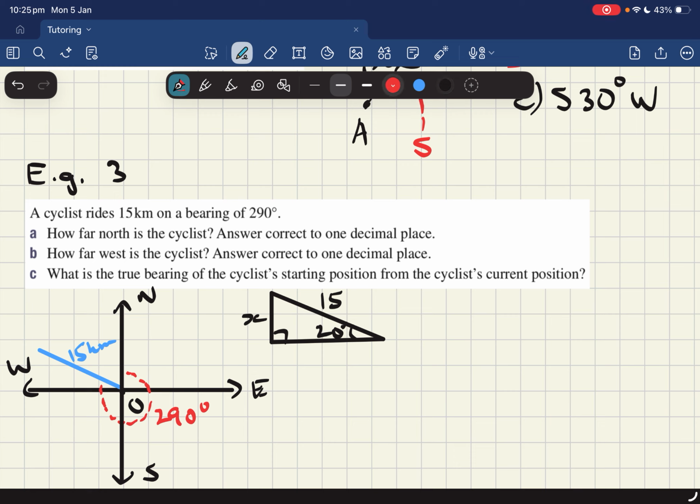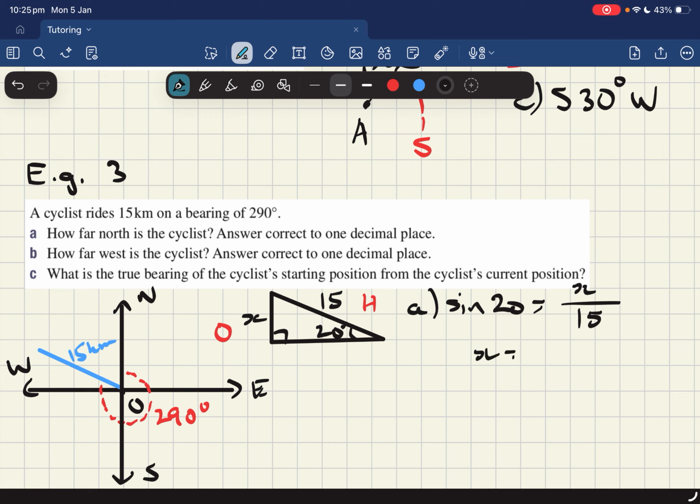So let's think, we've been given an angle. We have a side opposite it. And we have the hypotenuse. So for part A, because we have opposite and hypotenuse, this is going to be sine. So we're applying our right angle trigonometry to this question. So sine of 20 equals x over 15.